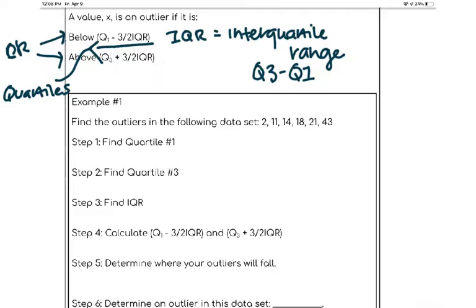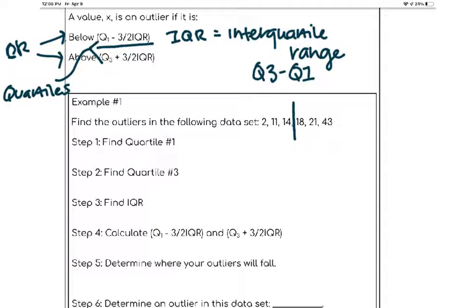So let's do an example of this together. We have a data set, and we need to follow a few steps in order to find out if a number is an outlier of this set. First off, we need to find quartile 1. Remember that quartile 1 is the median of your first half. So we're going to split our numbers in half because we have 6.